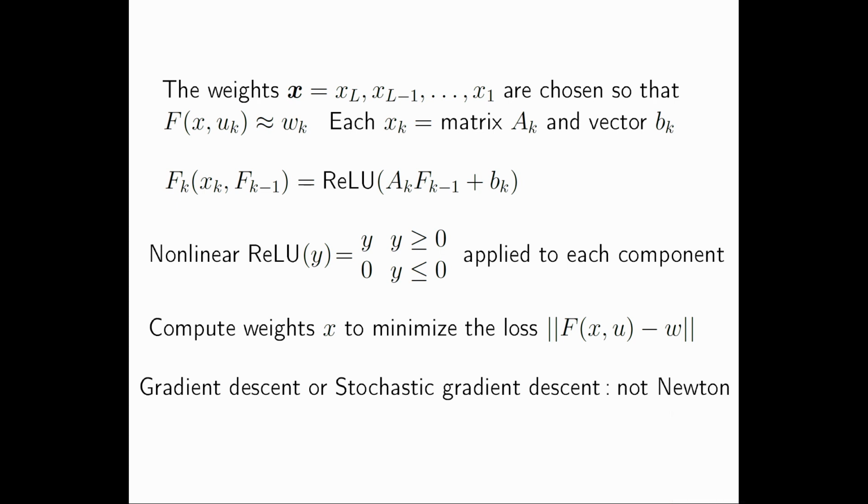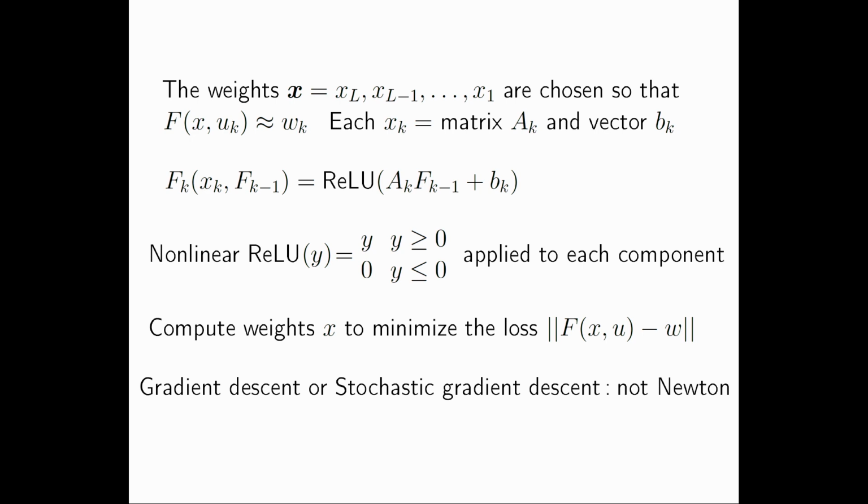So instead of fitting data by making some algebra work, we have a giant optimization problem, where W is the data that we would like to get, F is the function we're using, U is the input, and X is the set of matrix weights that go into all the components of the chain of functions.